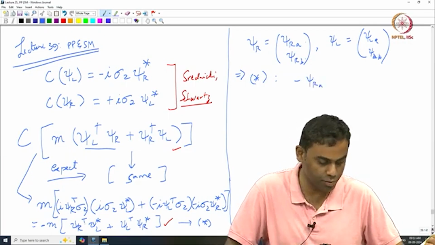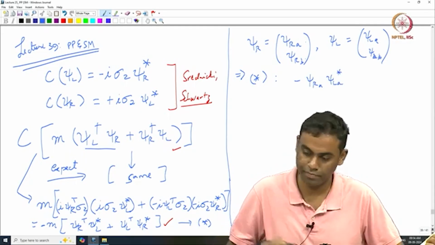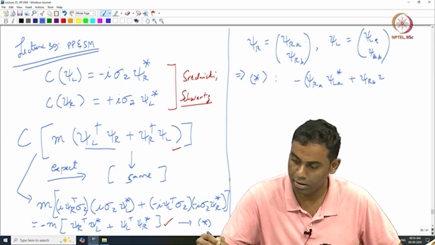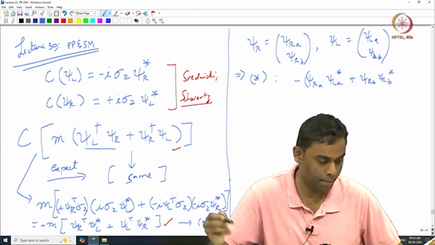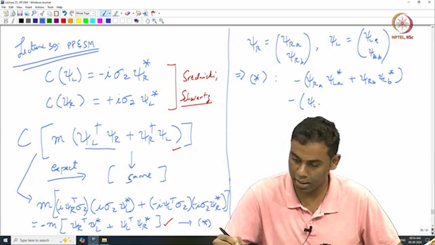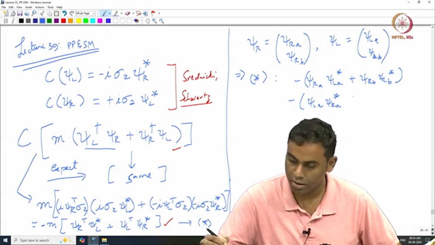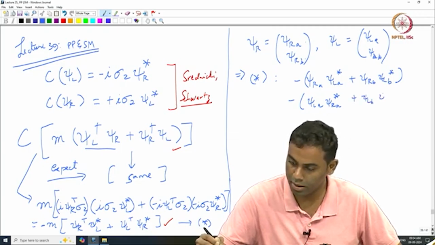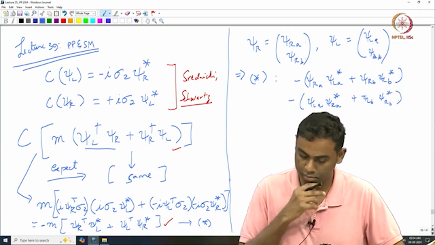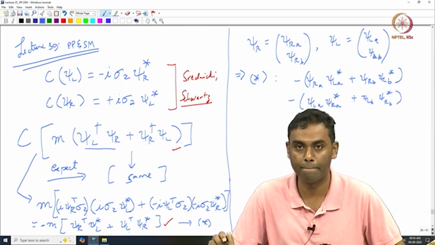Do you agree that there is a transpose? So, it is the psi R A psi L A star plus psi R B psi L B star and psi L A psi R A star plus psi L B psi R B star. Simple, right? Just took the transpose and multiply.